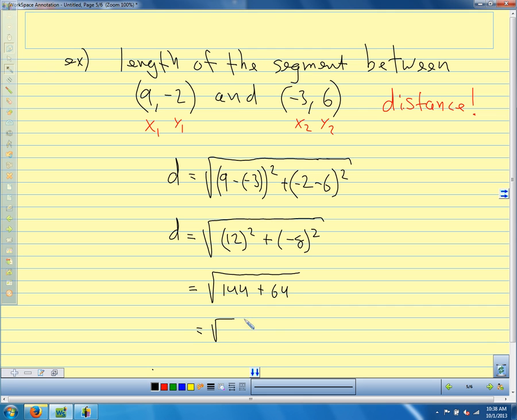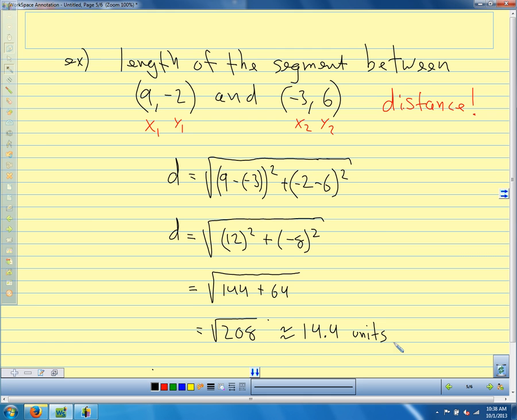So we get the square root of 208. And we plug that into our calculator, and we get about 14.4. So it's about 14.4 units between these 2 points. The length of that segment would be 14.4 units.